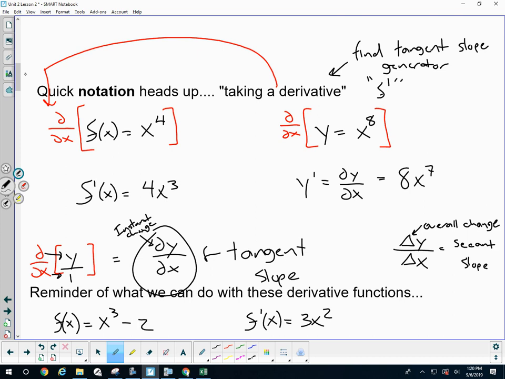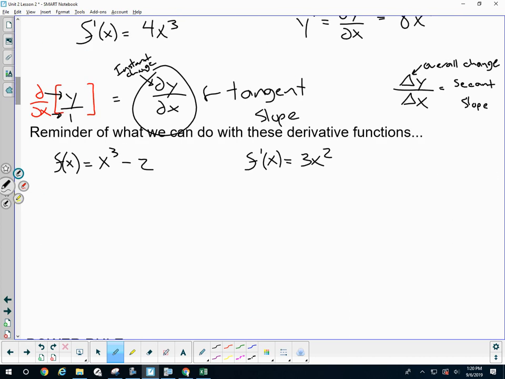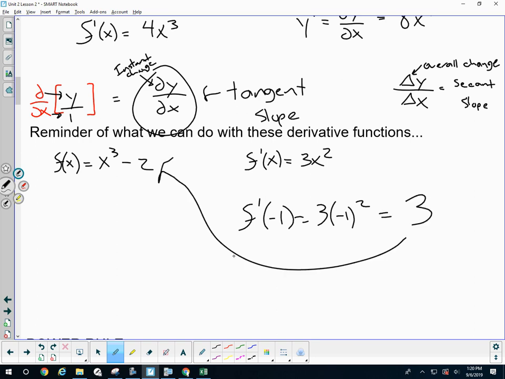And then, reminder of what we can do with these beautiful derivative functions, which you think of as slope of the tangent generators, tangent slope generators, or you think of as instantaneous rate of change generators. You can plug in any value into this derivative function, tangent slope generating function, and get a tangent slope to the original function at that x location.